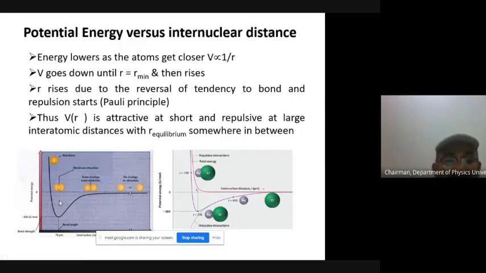So this energy has been released as a result of bonding, and now to break the bond you will need this much energy to unlock the bond, and that is basically the bonding energy. So the more negative the energy, the stronger the bond, and the less negative the energy, the weaker the bond.